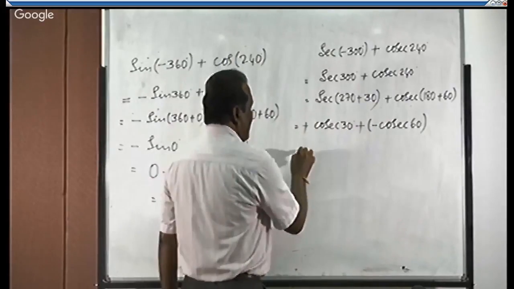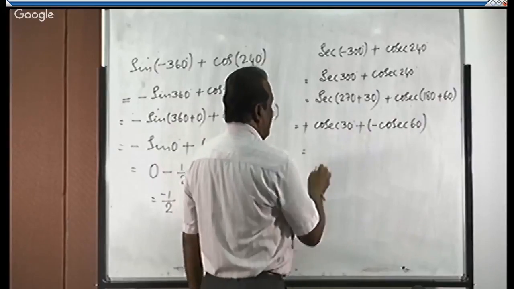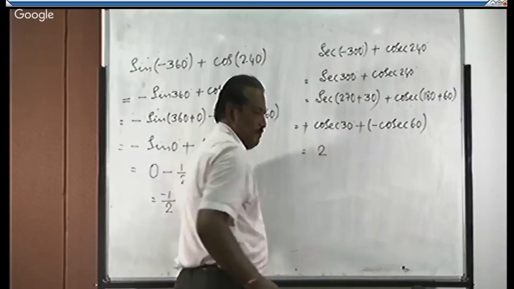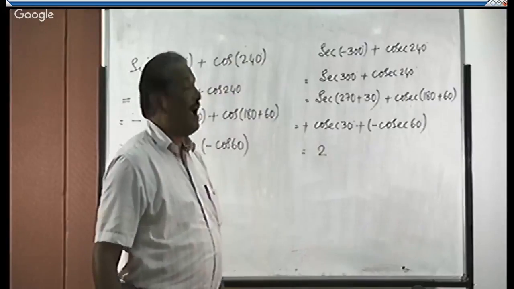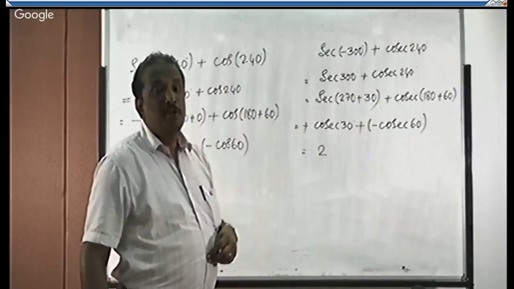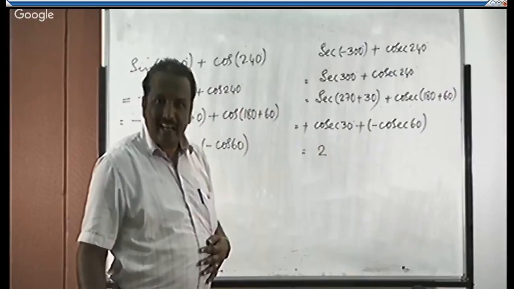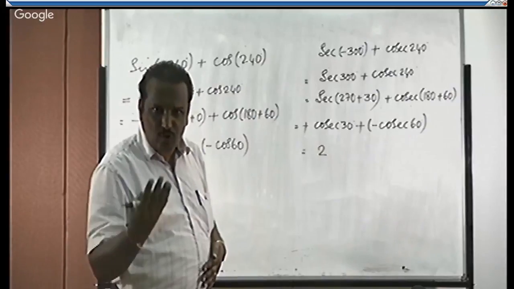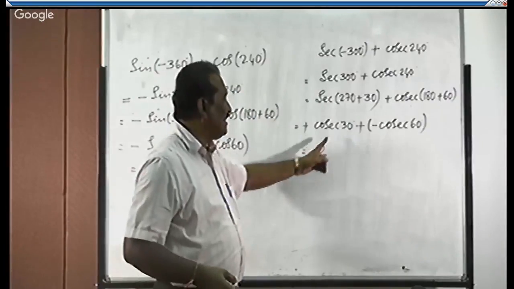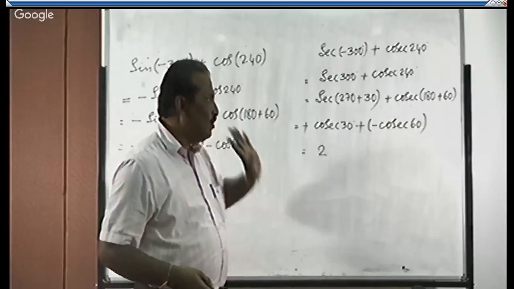Now cosecant 30, we all know that it is 2 only, because for cosecant 30, please remember it's reciprocal of sin 30. We know that sin 30 is equal to 1 by 2. Therefore, cosecant 30 is equal to 2 by 1, which is equal to 2.